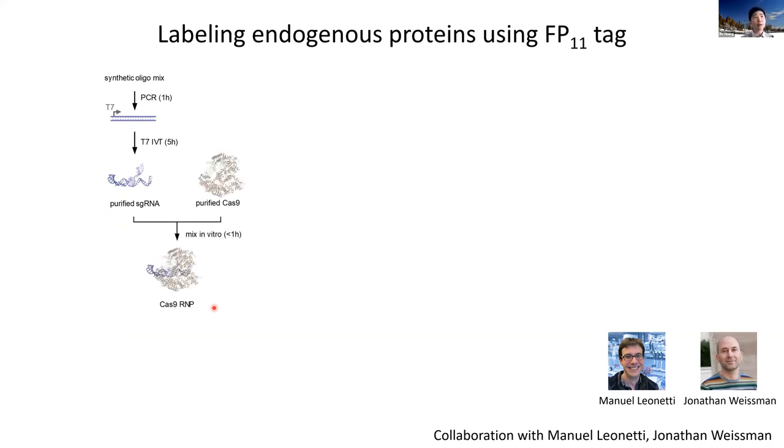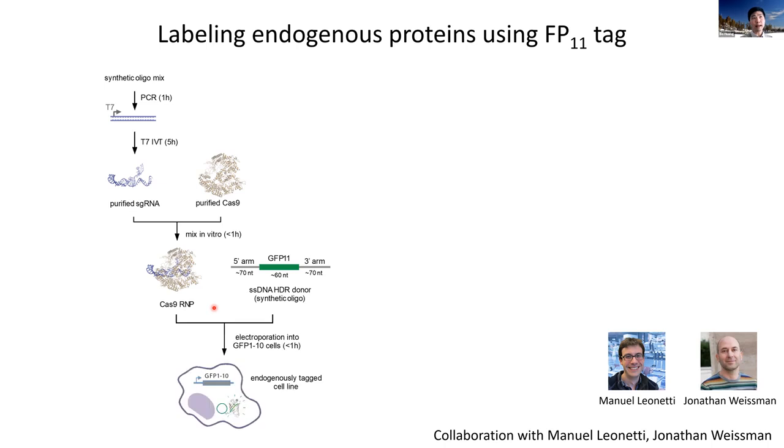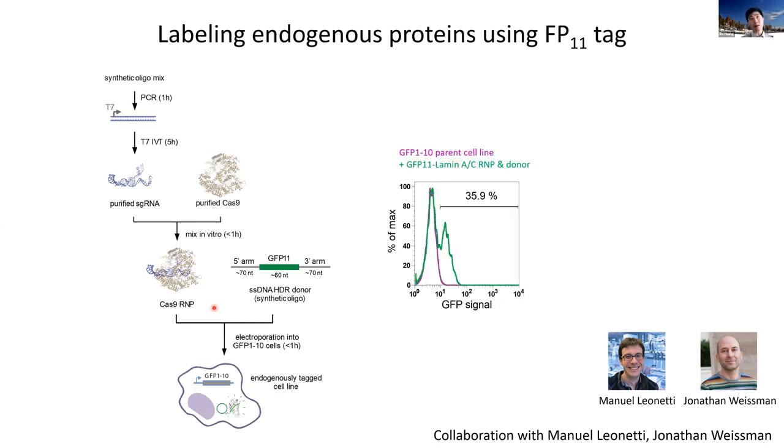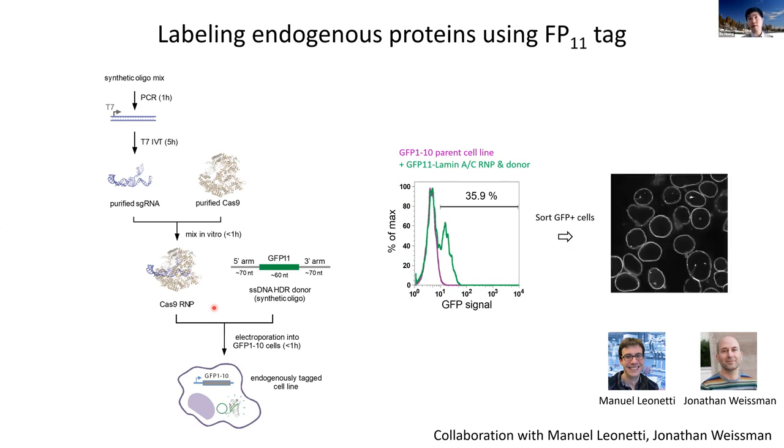And Manu worked out the pipeline of using in vitro transcribed guide RNA combined with purified Cas9 RNP, and electroporation into cells that are already expressing GFP1 to 10. Then cells that have correct integration will generate the fluorescent signal, which allows us to isolate those cells with the integration by flow-activated cell sorting.